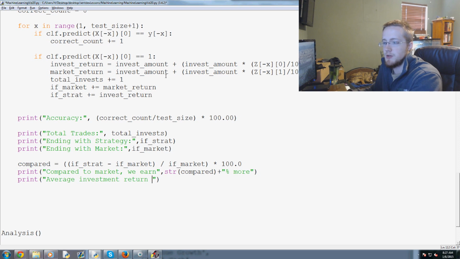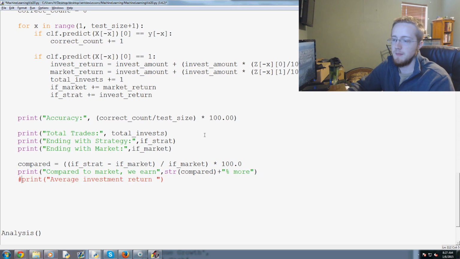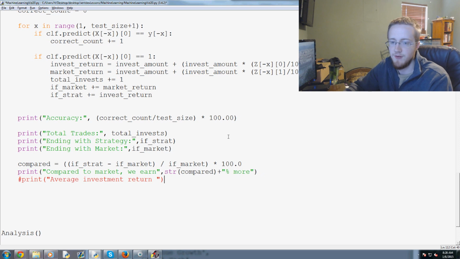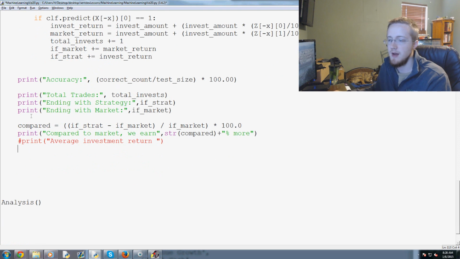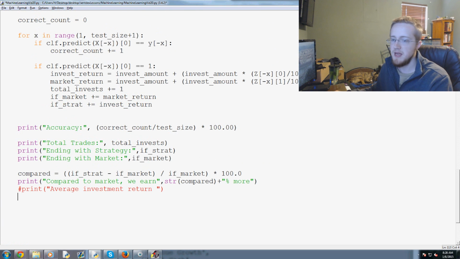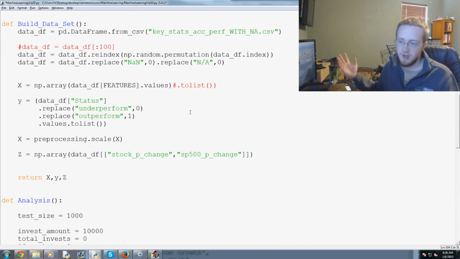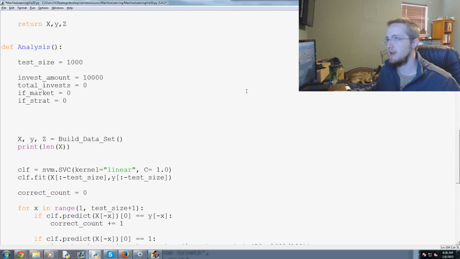So for the average investment return, what we would really need to do is we'd need like an if nothing, basically. I'm not going to touch that for now, actually, because we do have the compared to market, so that's totally fine. We'll just leave that for now, and we'll come back to that, because originally my code was the mean of the entire z element. That's not useful.